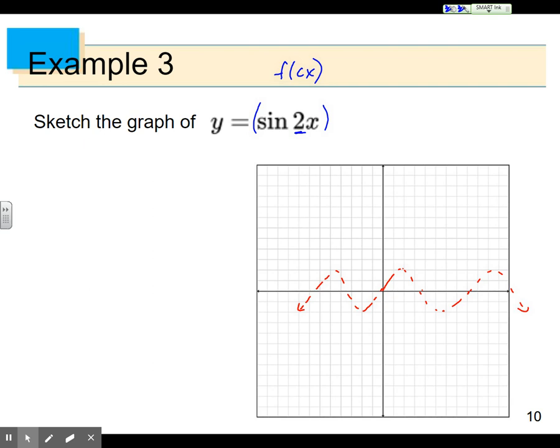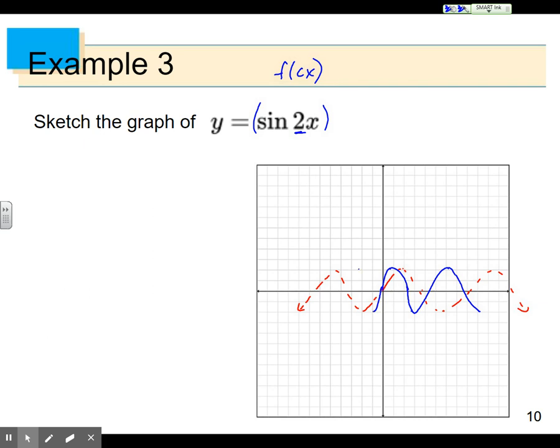So what's going to happen is all of these hills and valleys are being compressed back towards the y-axis. About like right there. So now my graph, the period on it is much smaller.